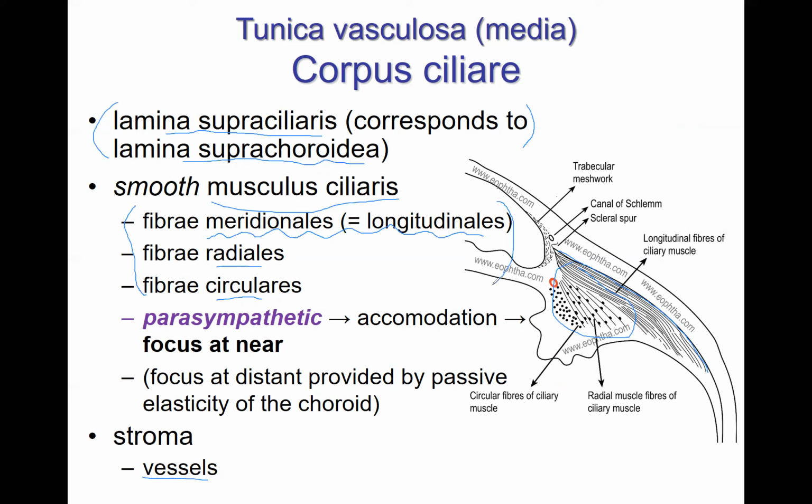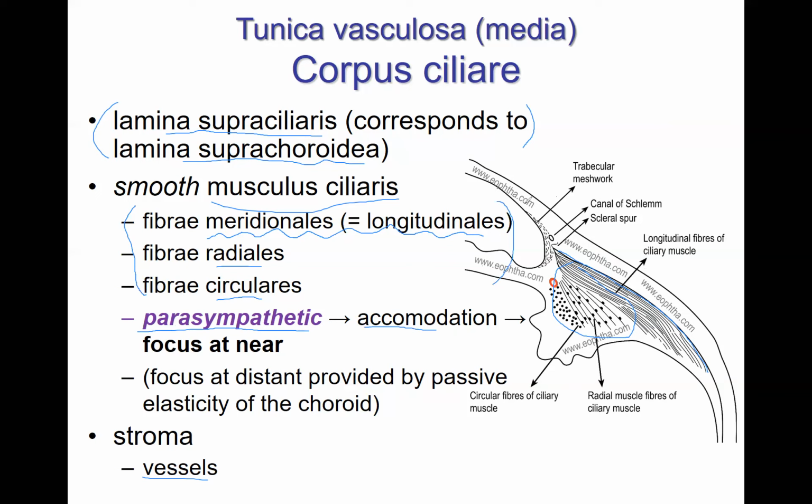So you should remember that the muscle is not, maybe as you are used to, for example, biceps, which is just running from the shoulder down to the forearm. But it is in three layers, so it's more like in three planes. It's more like a tongue, yeah. It's a composition of the fibers. Of course, it's smooth one. It's innervated by parasympathetic, so it's brought by oculomotor nerve, and the function is accommodation.